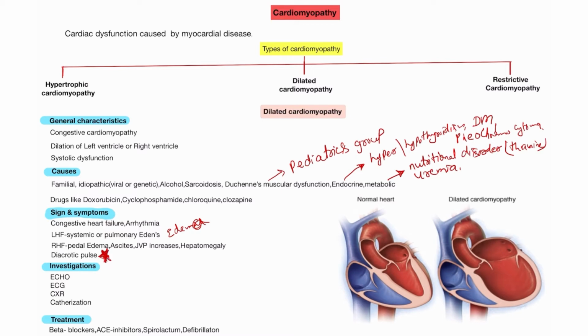What is the investigation? For investigation, we will take echo, ECG, or chest X-ray, and catheterization is also used.